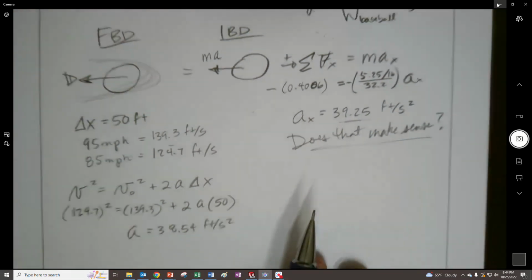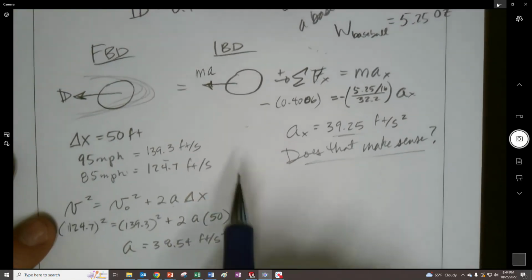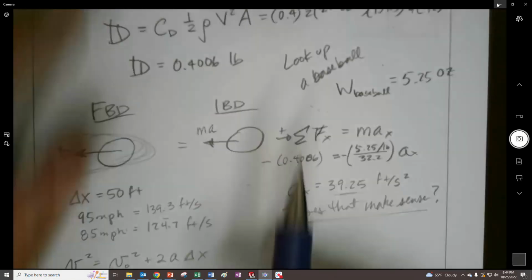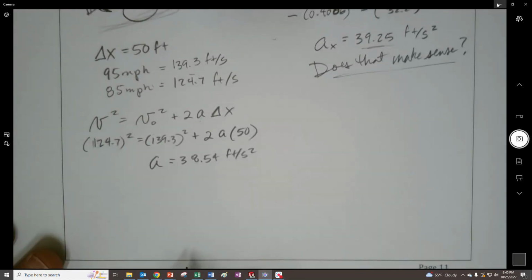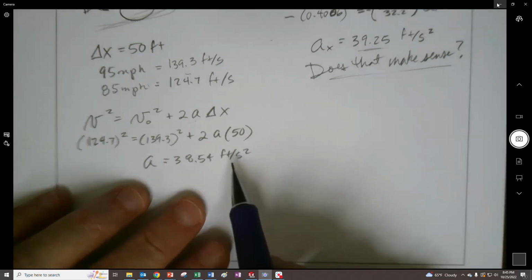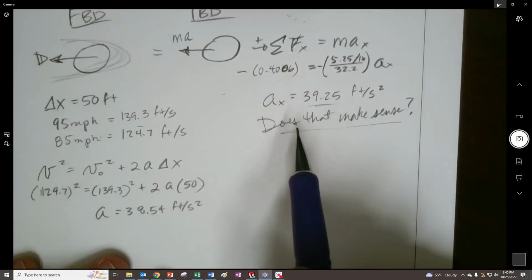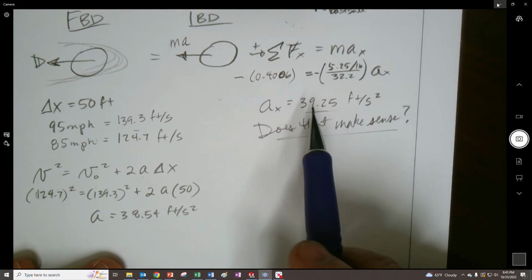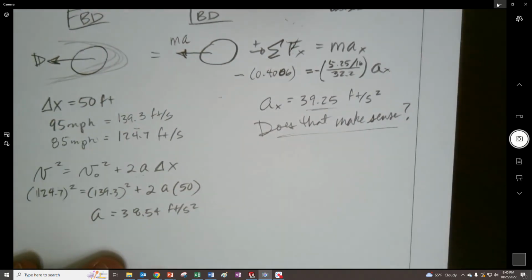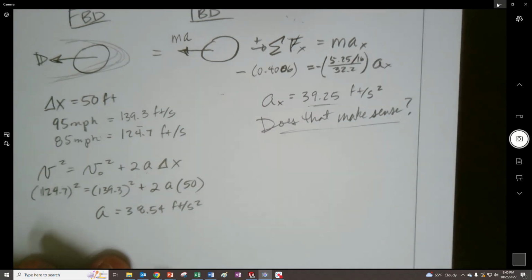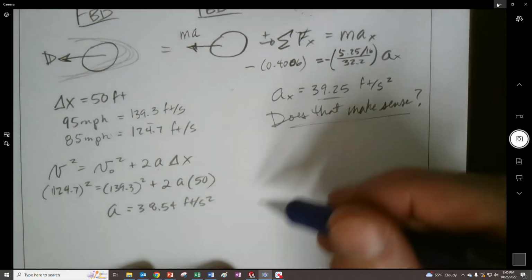So we've been able to throw some numbers at something and decide whether this amount of drag force actually makes practical sense. We can also see, by the way, that since it is close to the acceleration of gravity, it would make sense that 95 miles per hour is probably pretty close to the terminal velocity of a baseball.